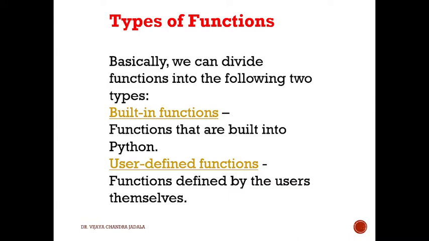Whereas when a user defines a particular function, the function defined by the user is known as a user-defined function. So functions are broadly classified into two: one is the built-in function, another is the user-defined function.